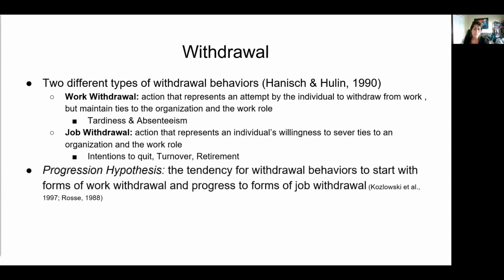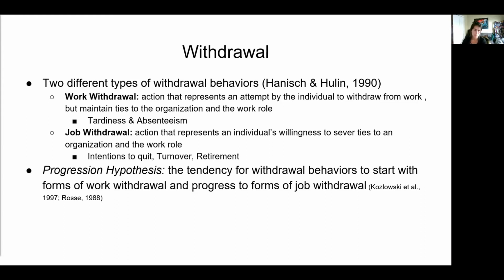And usually there's a bit of a stepping stone, if you will. There's a progression, as the progression hypothesis is named for, where you start with those actions of work withdrawal, not really doing your job, and then you move towards job withdrawal, where you just want to completely quit, which makes sense.